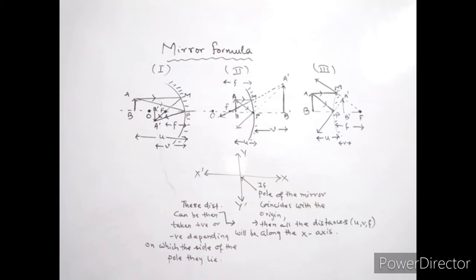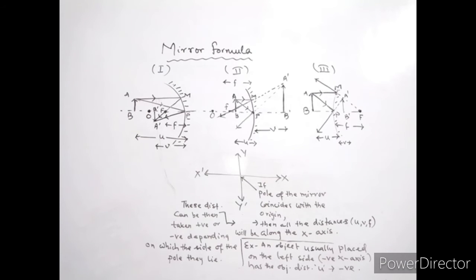Their distances can therefore be taken as positive or negative depending on which side of the pole they lie. For example, an object usually lies to the left side of the pole in the diagram that we have taken. In all of them you can see that. So the object distance U here, according to the sign convention, can be taken as negative.